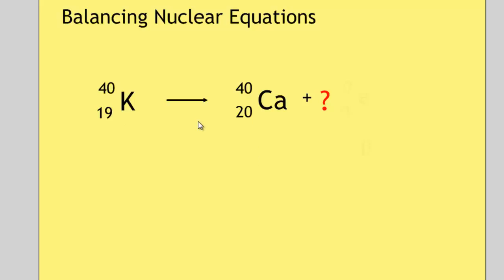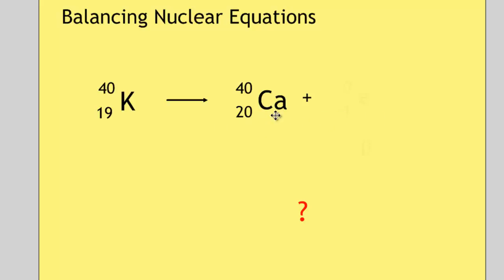All you have to do is figure out what's missing, usually on the product side, where there'll be a question mark or a blank. You have to figure out what goes in that blank, and it's really not that hard. Remember that the goal is that everything on the right-hand side equals everything on the left-hand side. I've got a 19 here and a 20 here, so I need this side to add up to 19.